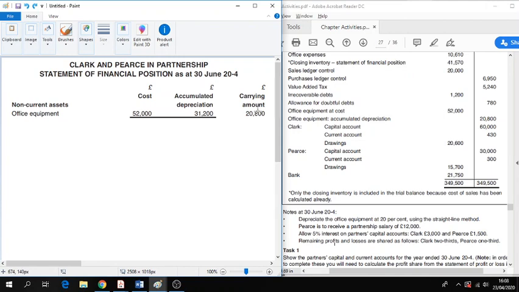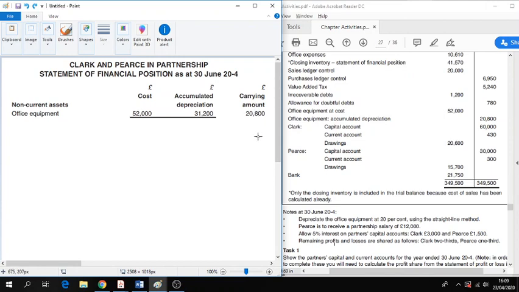It just so happens that that is the same figure as that, so don't be confused. This is not that. Hopefully you know your depreciation well. So there we are, the first category for non-current assets.